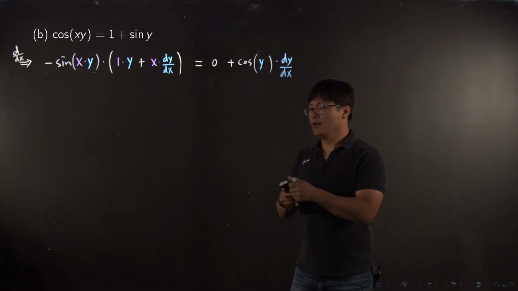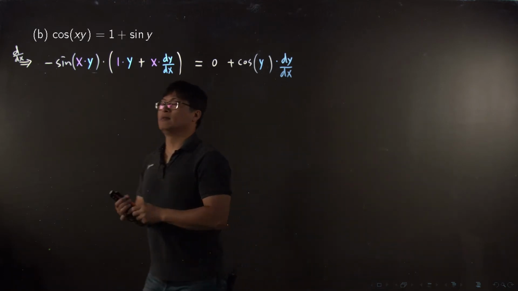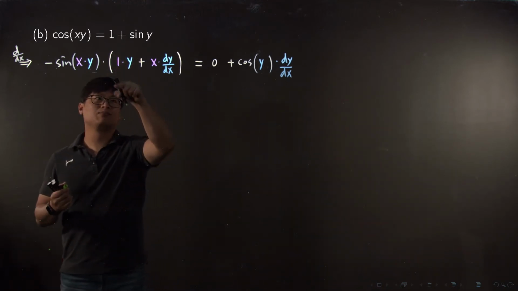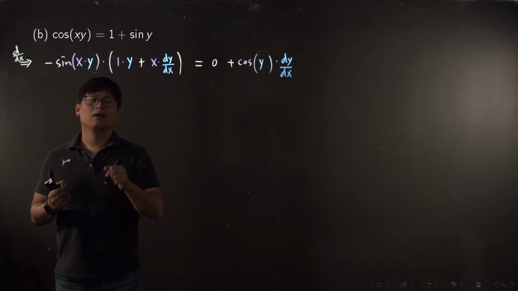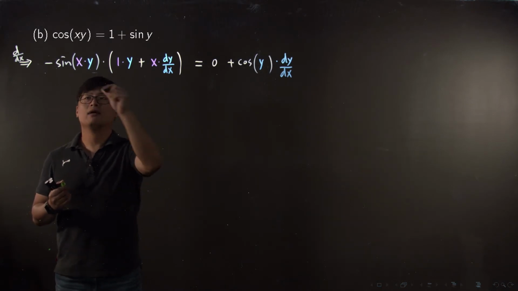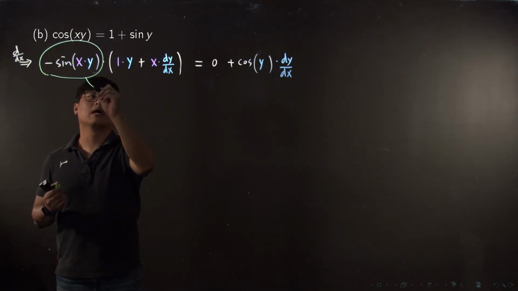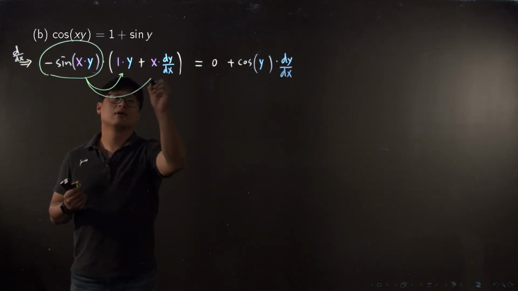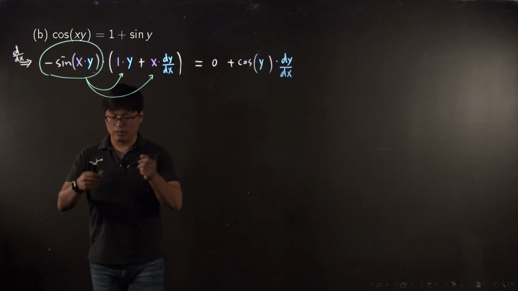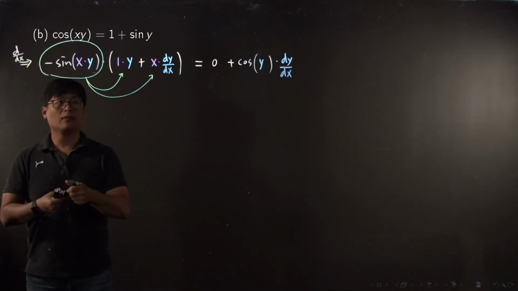To do so, let me show you one important step. Can you see this big parenthesis? We have to take this part out, so I'm going to distribute this into the parenthesis. Here we go. Then what happened?